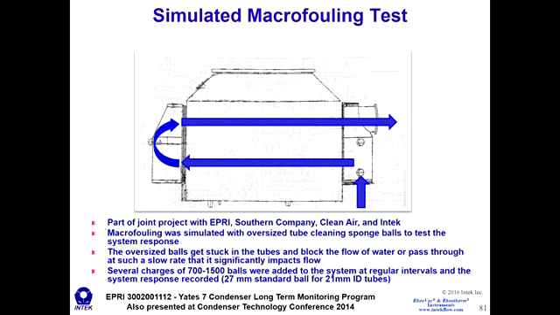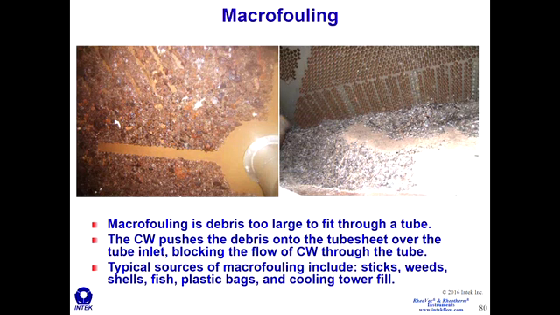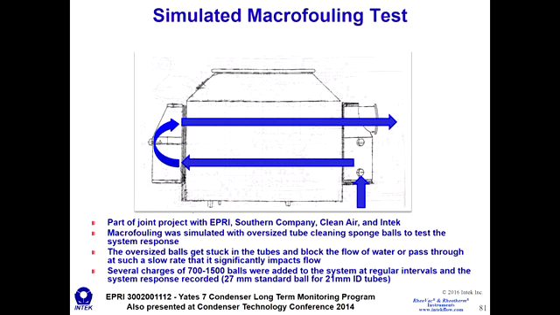What we did is we wanted to purposely macrofoul the unit. So just before the unit was scheduled to come offline, we injected oversized cleaning balls, sponge balls, into the cooling system with the intent of them lodging up and causing something similar to what you see here, but with oversized cleaning balls.